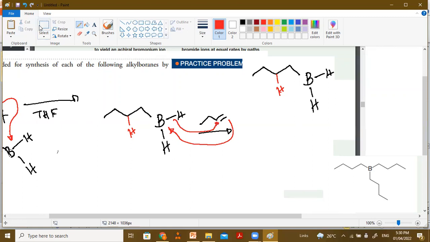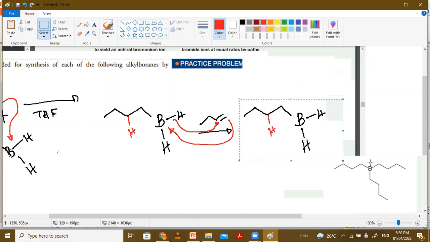So for your product, we just substitute. Carbon 1, again you have to count, 2, 3, 4. On the same side you will have your hydrogen added.